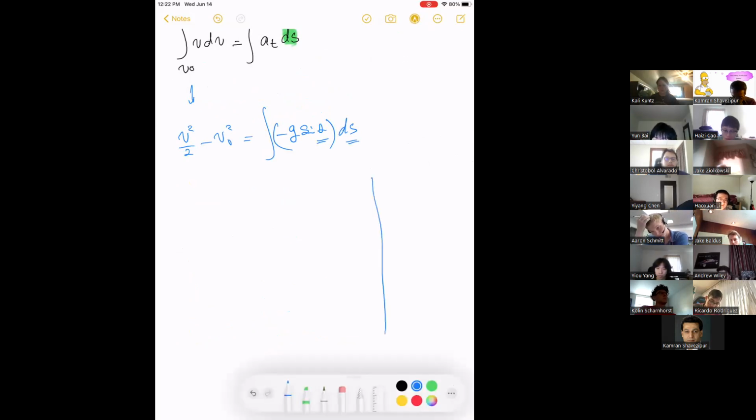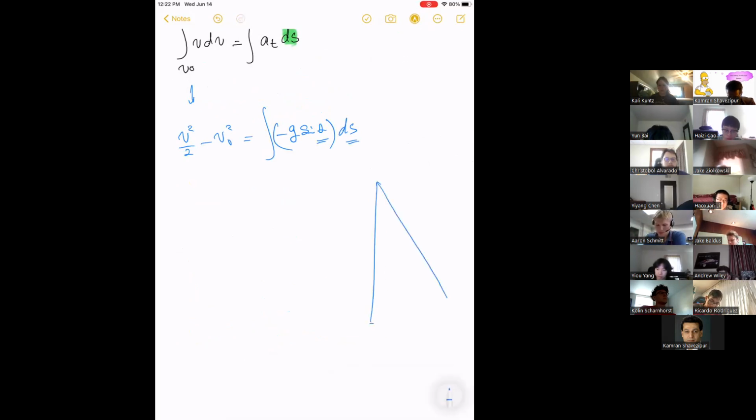If this is your S, and this is R, and this is theta, how can we relate S to theta? You need to remember this from your, I guess, high school geometry. S equals R times theta.